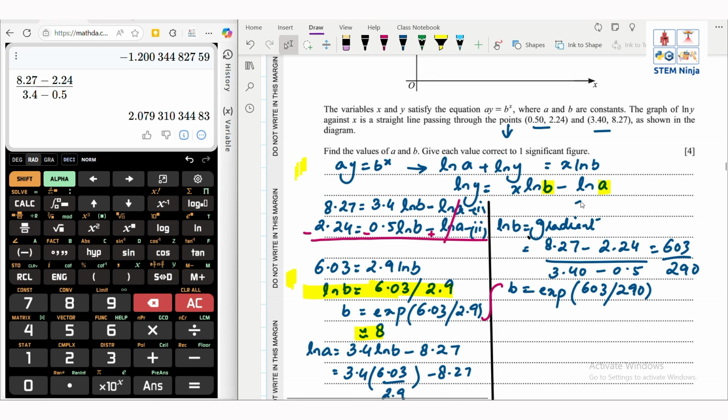Now, to find out A, we need to plug in anything over here. So for ln A, we plug in either one of these 2 points. Let's plug in the first one this time. So you have x times ln B, which is basically 603 over 290, minus ln y. So ln y is 2.24.